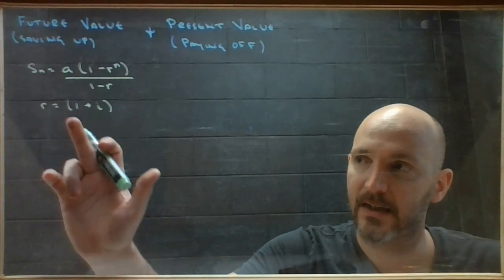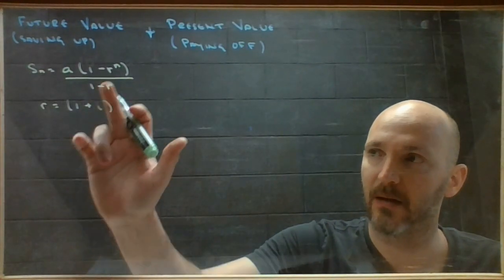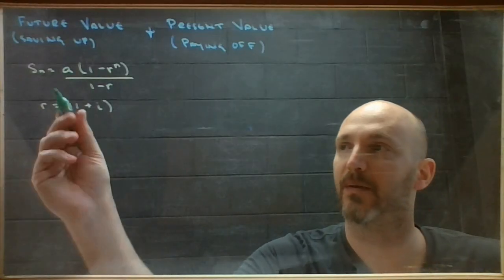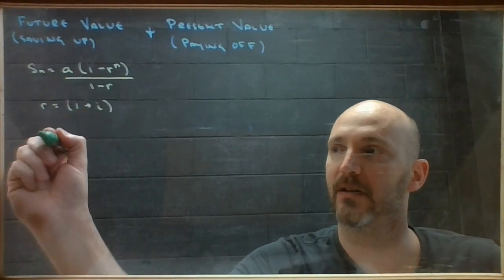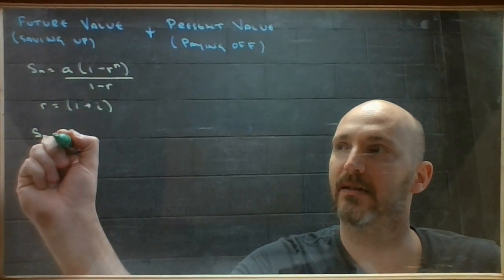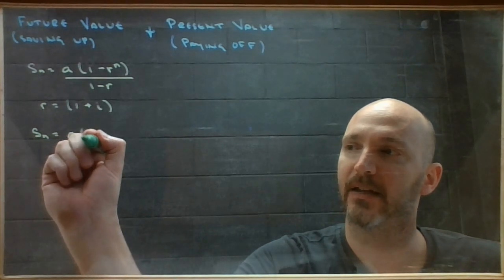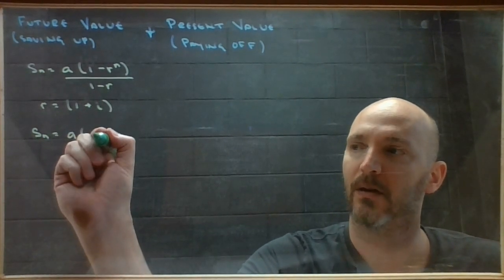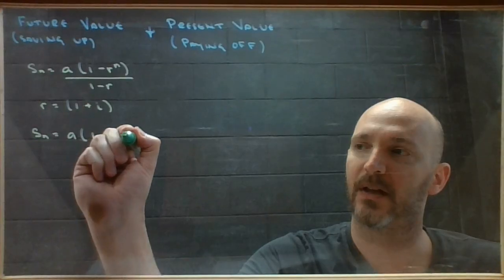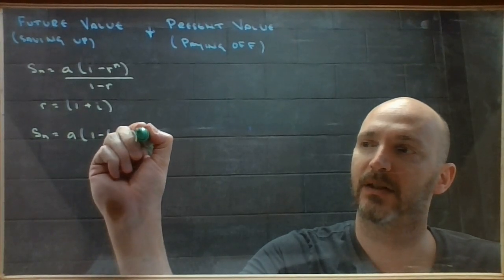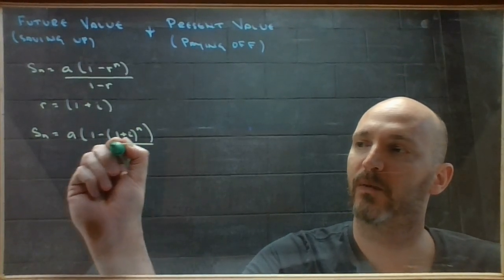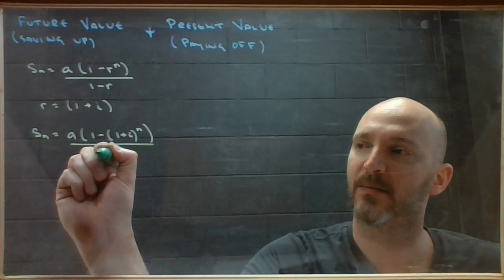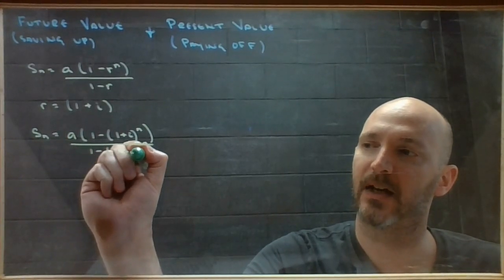So if I take this little structure here and plop it in for R in both of these equations, in this equation up here, I end up with Sn equals A times 1 minus (1 plus i) to the n, over 1 subtract (1 plus i).